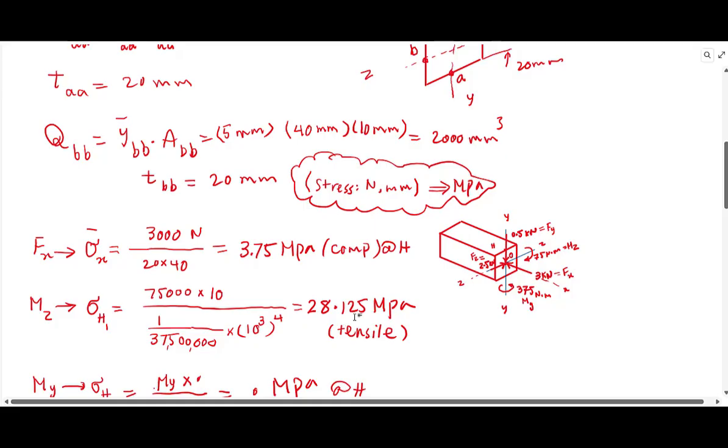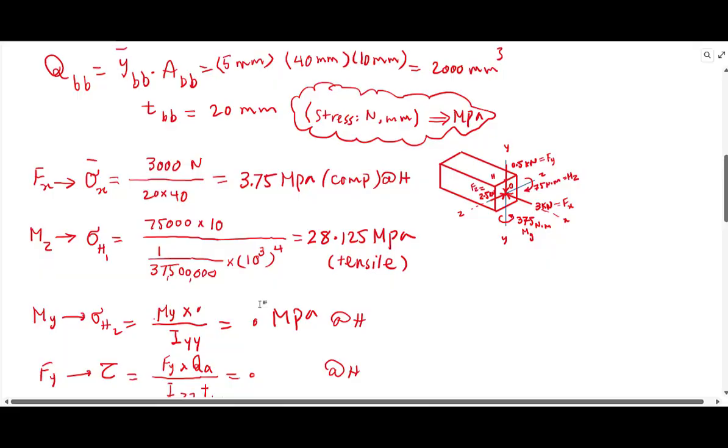You would have 28.125 megapascal tensile at point H due to bending about the z-axis. But given that this is tensile and the one due to the average stress is compressive, the net normal stress at point H is the difference between these two. So keep that in mind.